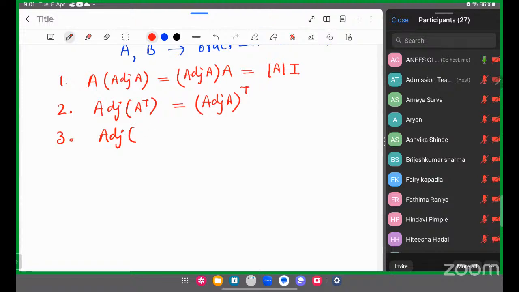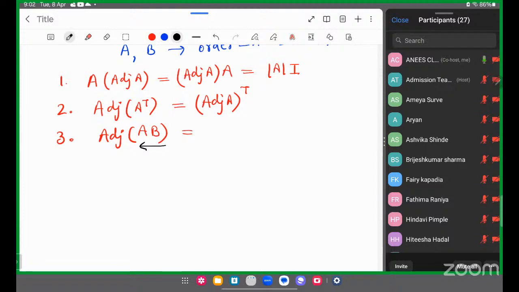This property states that if we have two matrices conformable for multiplication, AB, and adjoint AB has to be calculated, then the adjoint will be distributed to both matrices, but in reverse order.